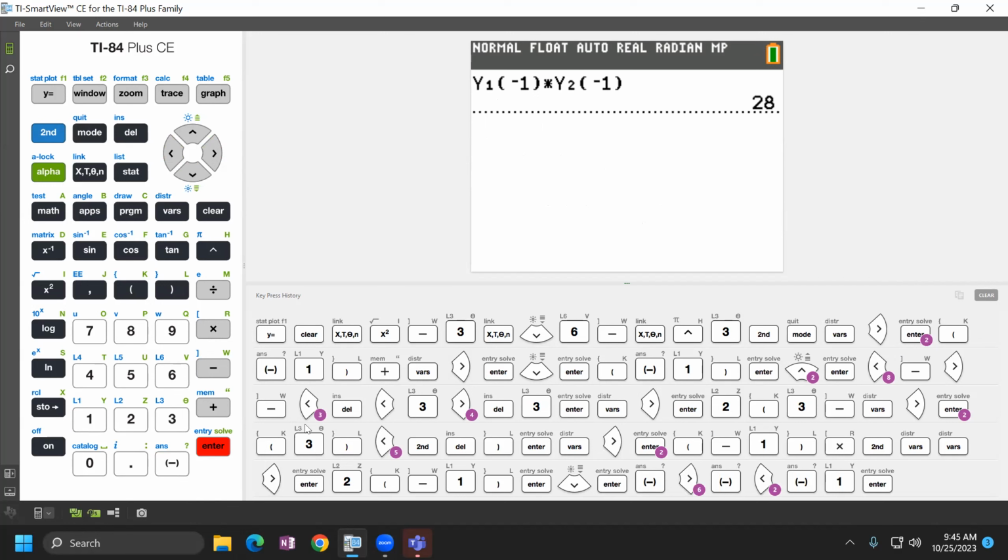Okay, and last but not least, they want you to find the quotient function g over f at -2.